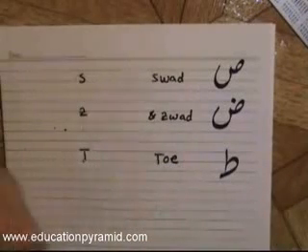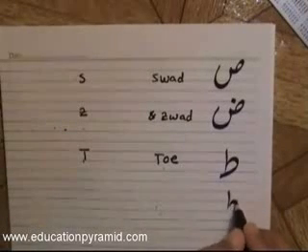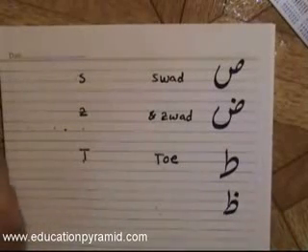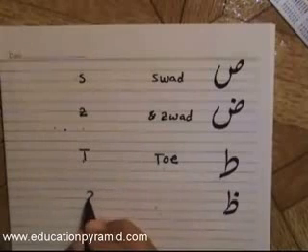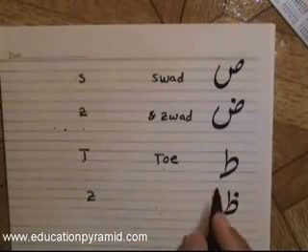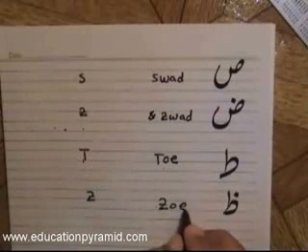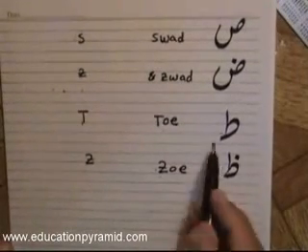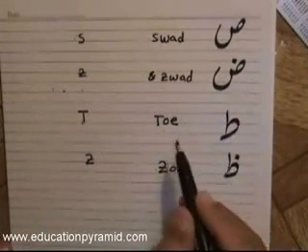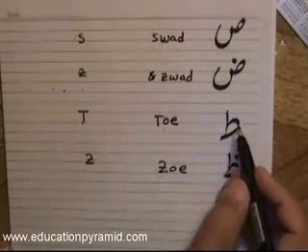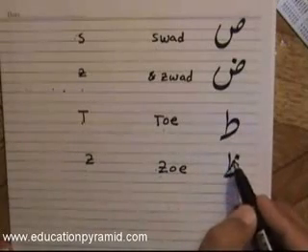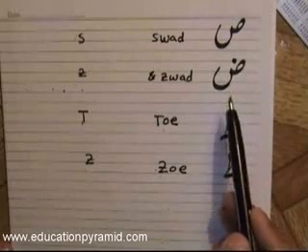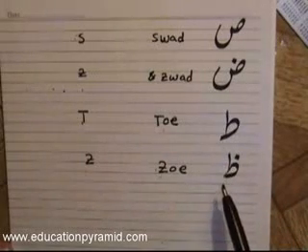Then zoe, same with a dot, and here the letter is Z, zoe. You can also read it as toy and zoe, but the common style is toy and zoe. So we have sawat, zawat, toy, zoe.